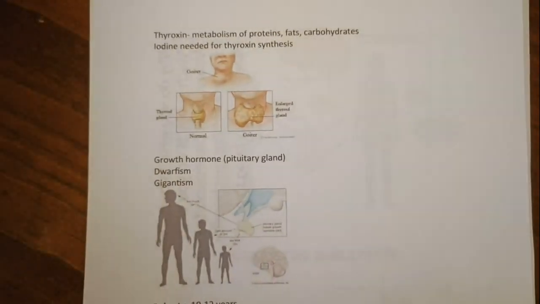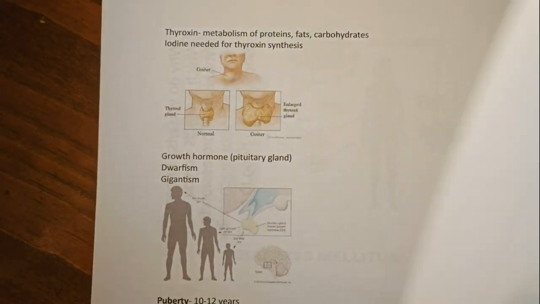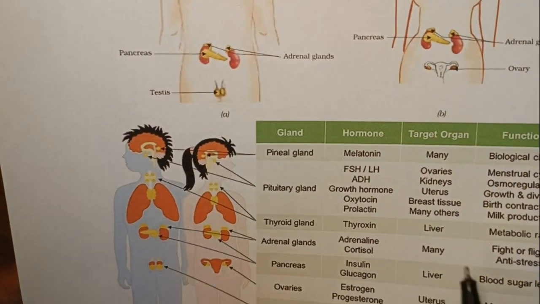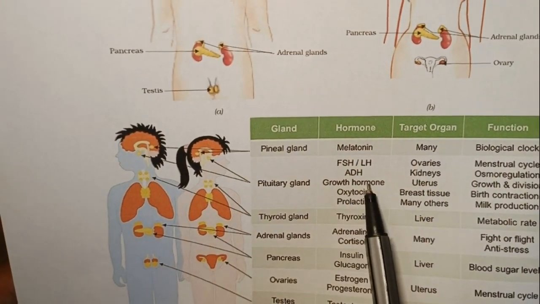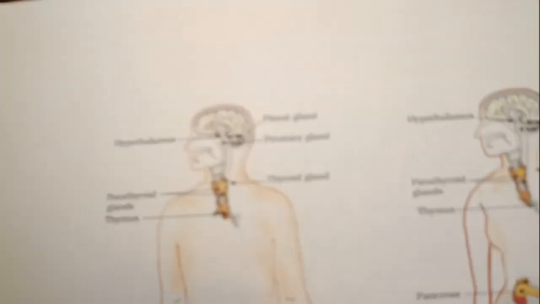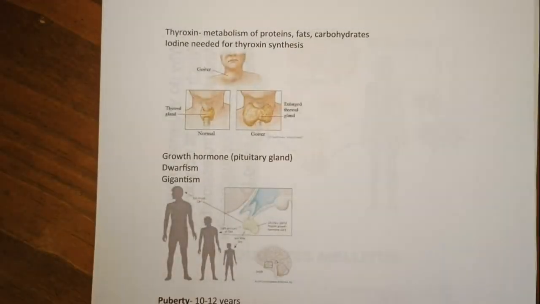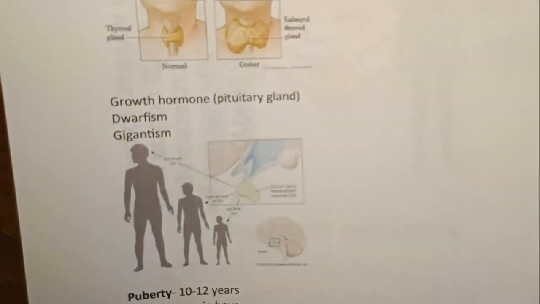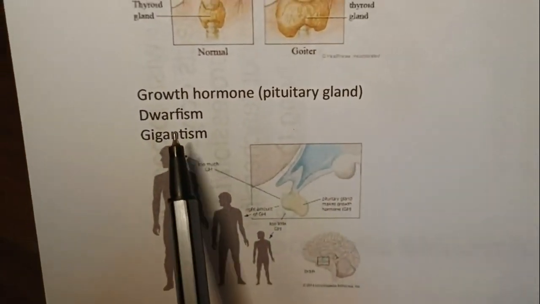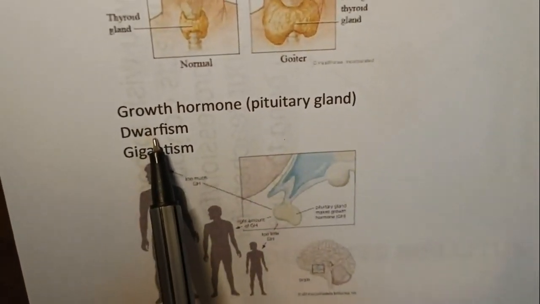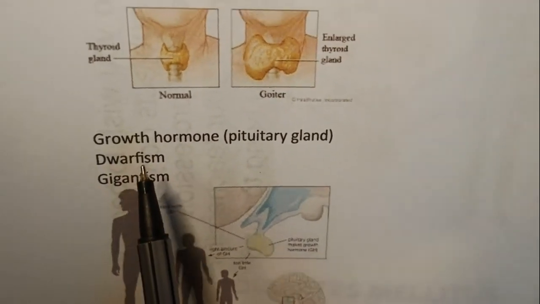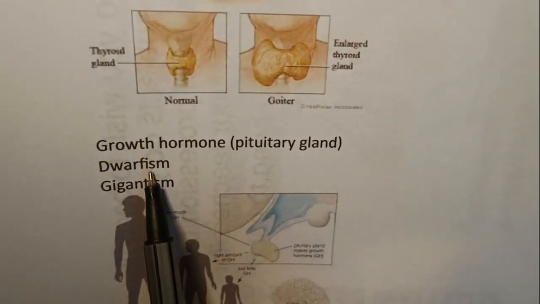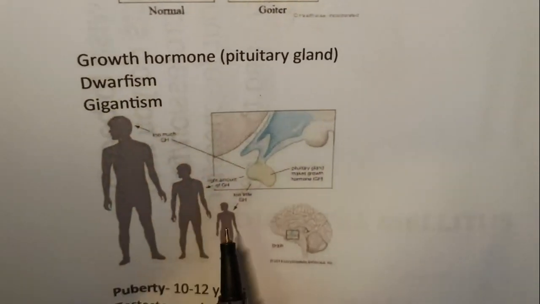Now the next hormone which I talked about in the pituitary gland is growth hormone. Okay, so let's talk about growth hormone. It is useful in growth and division. If you have less growth hormone, then the animal or human being does not develop very well, and that is called dwarfism.